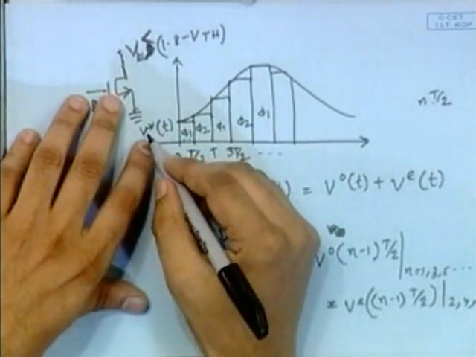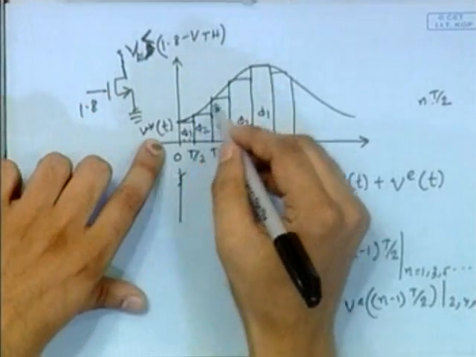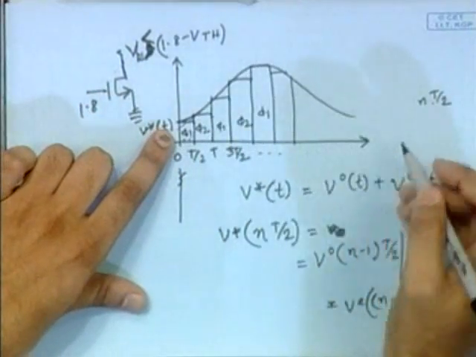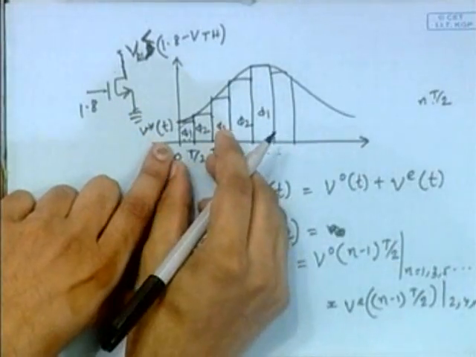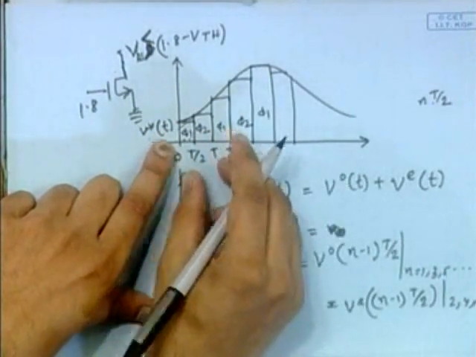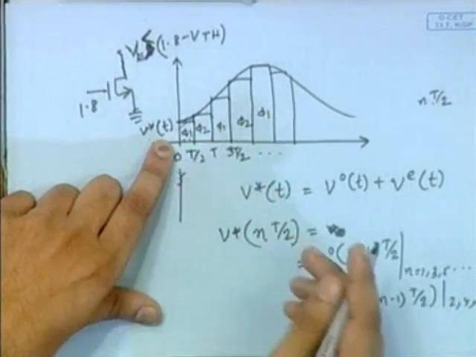Now this was the V star T, that signal. T is the time period of that sampling pulse and T by 2 is half of the time period.